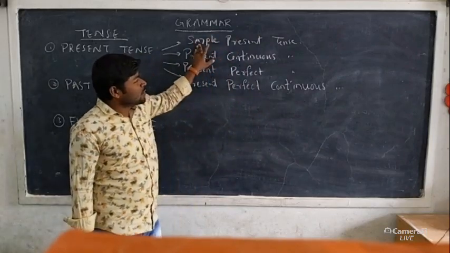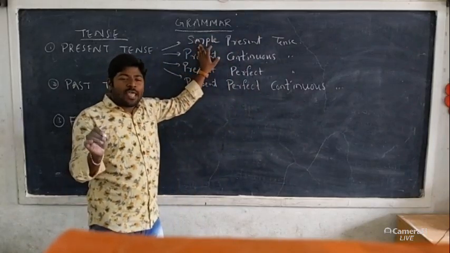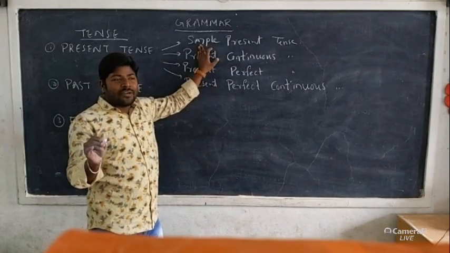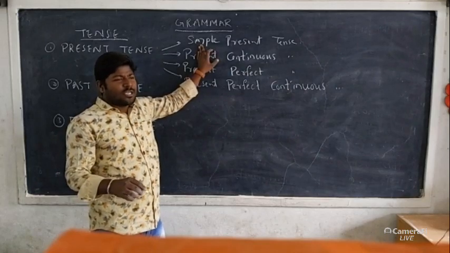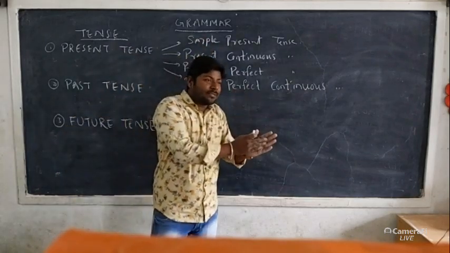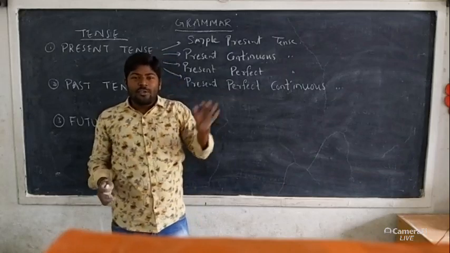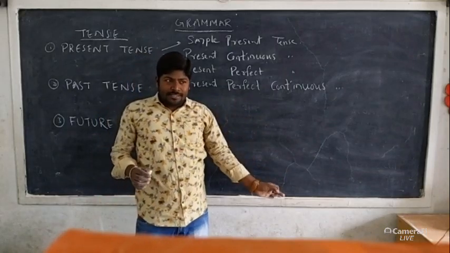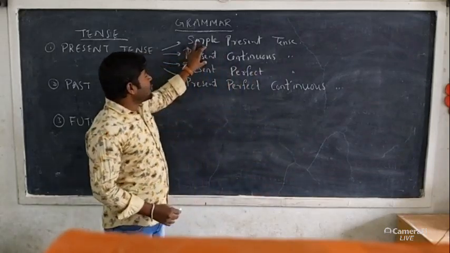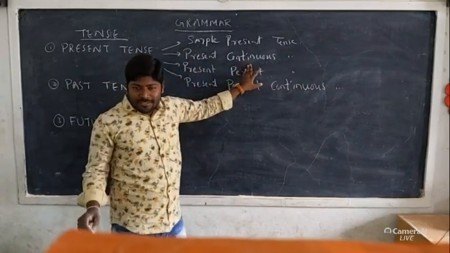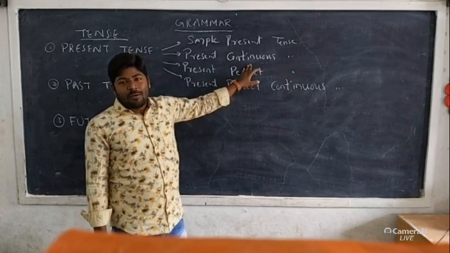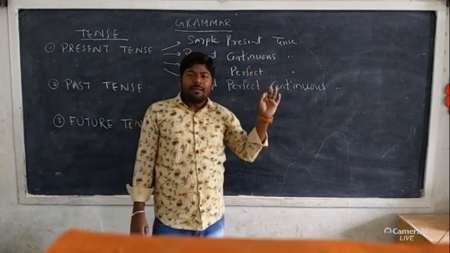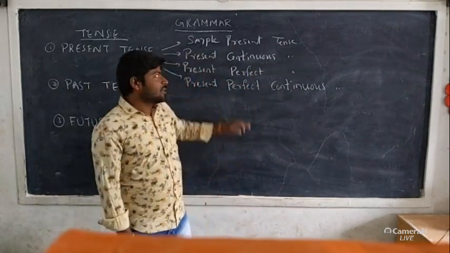We use simple present tense to talk about regular activities and universal truths or facts. Present continuous tense has the structure subject plus am, is, are plus the first verb in ing plus object.